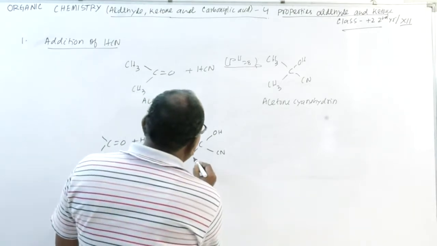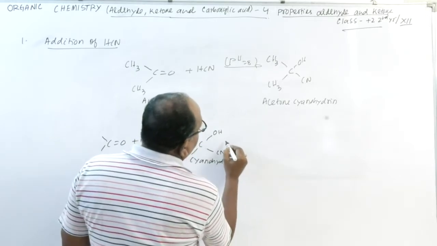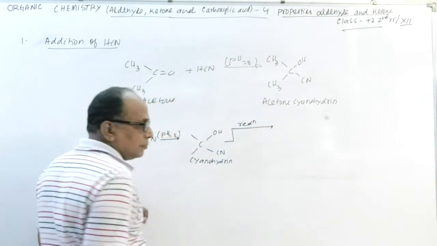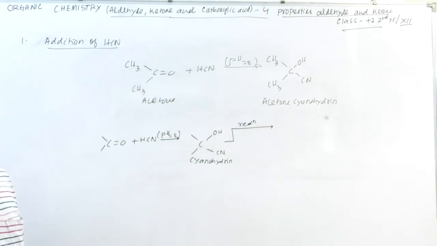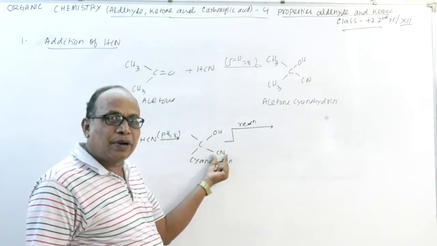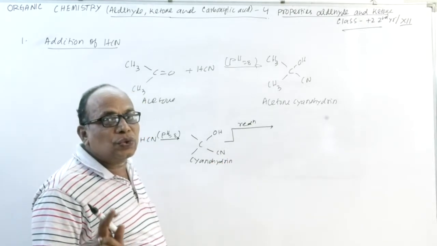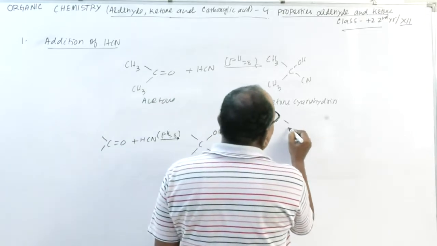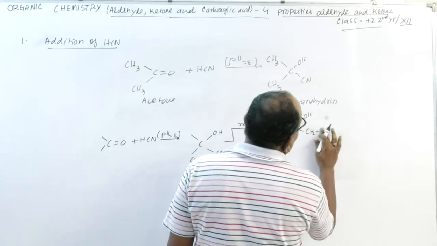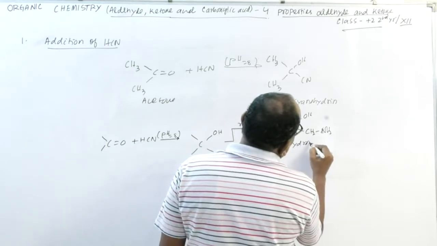Now this cyanohydrin compound on reduction: the CN group, C triple bond N, is reduced to a CH2NH2 group. That is, it gives you C(OH)CH2NH2. This is one type of hydroxyamine.